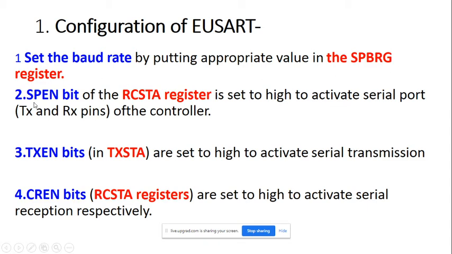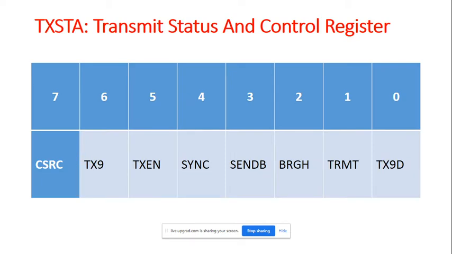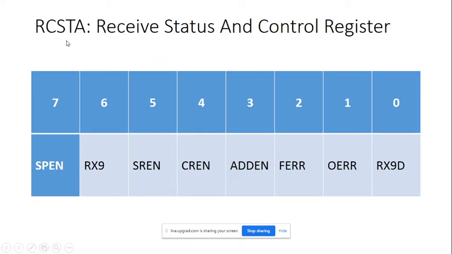The next task is you must enable the serial communication, means the SPEN, that is the serial port enable bit, must be 1. Okay, then only serial communication will be possible, means you are enabling the serial port, and this bit is available in the receive status and control register, that we already discussed here. I just show that status. This is your receive status and control register.